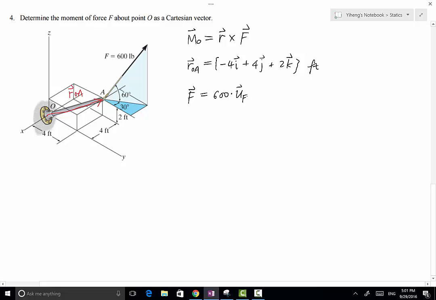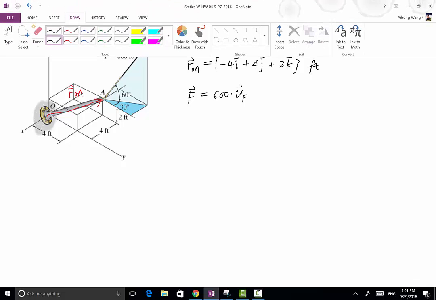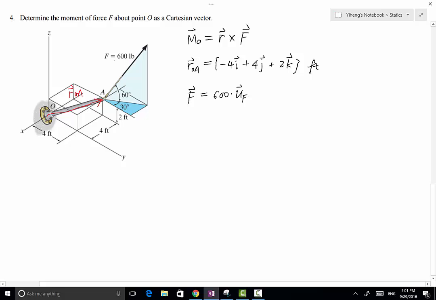So we know that if we resolve this force along this direction, this component right here will be 600 times sine 60 degrees. That will be our z component, because it is the component of force F along the z direction.